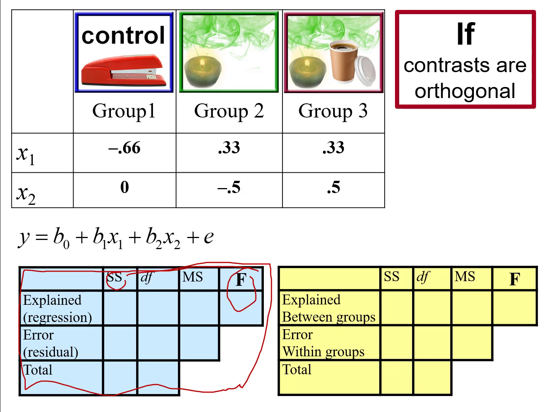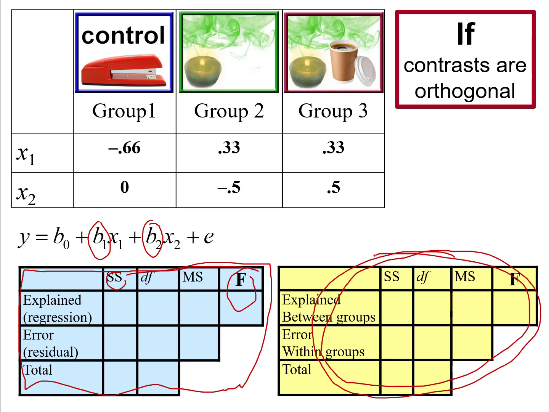And the value of doing this alternate way of answering the omnibus question is the fact that along the way, we get values for these beta weights, which are going to help us answer a focused question. So it's like in one swoop, we're both answering an omnibus question and we're answering focused questions. Whereas the method I talked about in the previous video, where we calculated this ANOVA table, did answer the omnibus question, but that didn't really provide a way to answer focused questions.